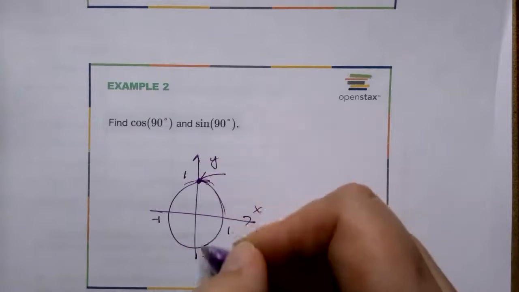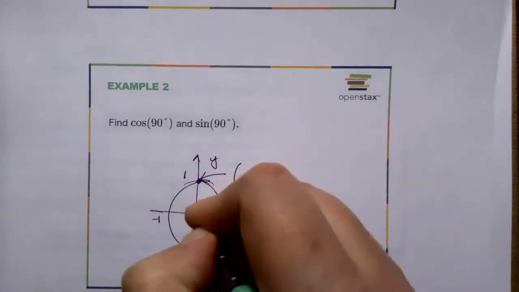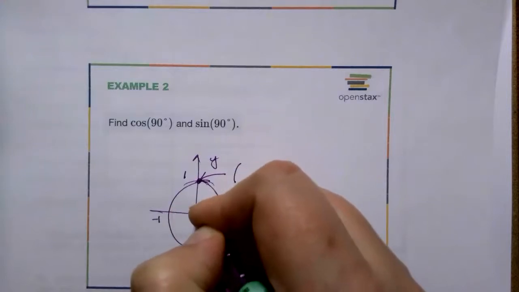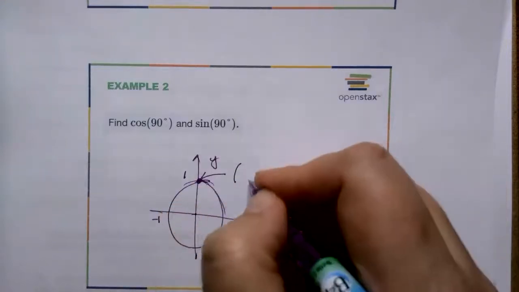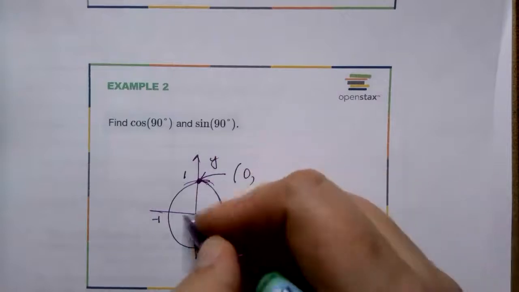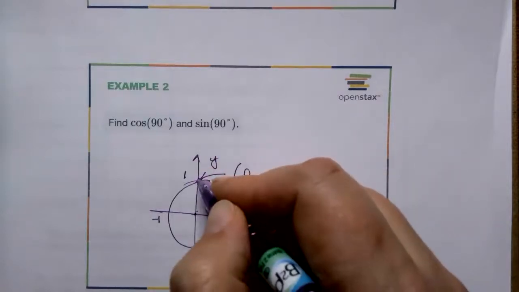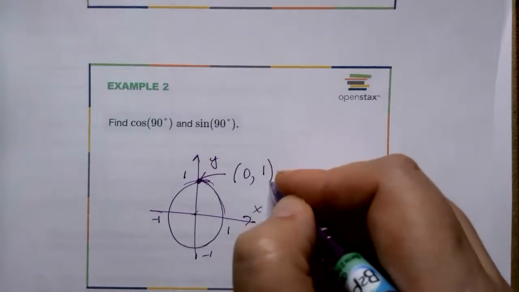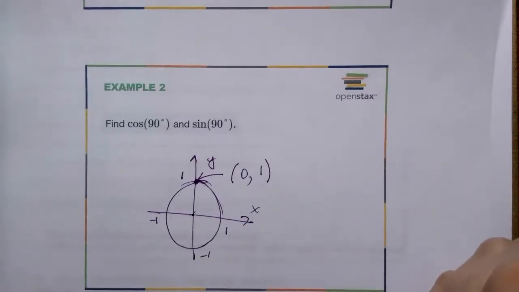And since it is on the y-axis, the x-coordinate, which shows movement left or right from the y-axis, is 0. Now the movement up or down from the origin is 1 step up. So the coordinates are 0 and 1.